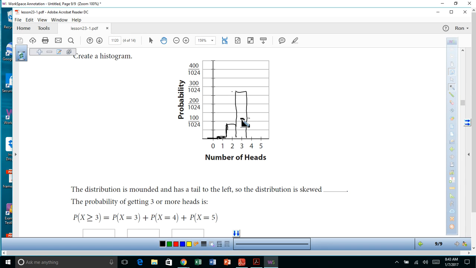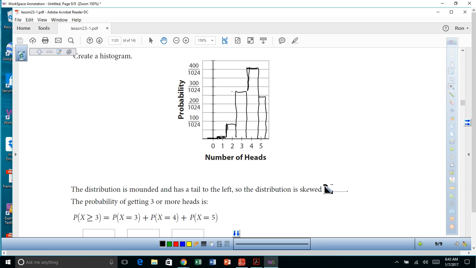4 was 405, so that's going to be just over. And then 5 would be 243. So if that's 250, then 243 is just under it. All right. So there you go. There's your histogram. The distribution is mounded. It is definitely mounded and has a tail to the left.